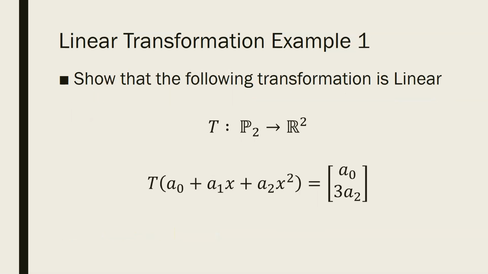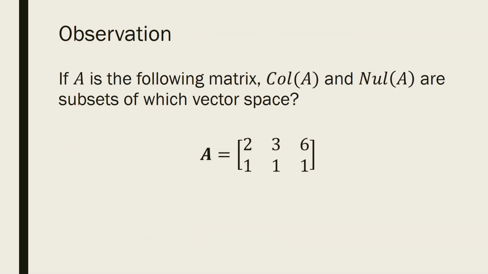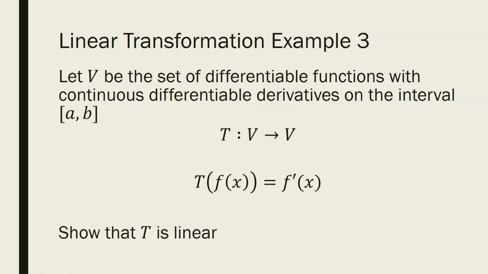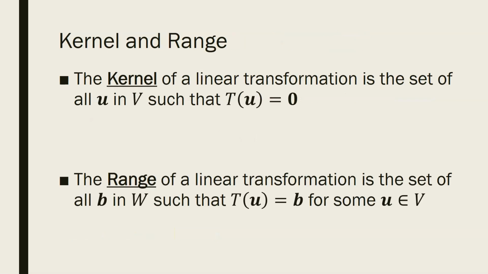Now, we've dealt with some matrix transformations, and we looked at the column space and the null space. That was the span of the vectors and the vectors which are sent to 0. Well, there's an analogous idea when I go out to any linear transformations, and that's kernel and range.